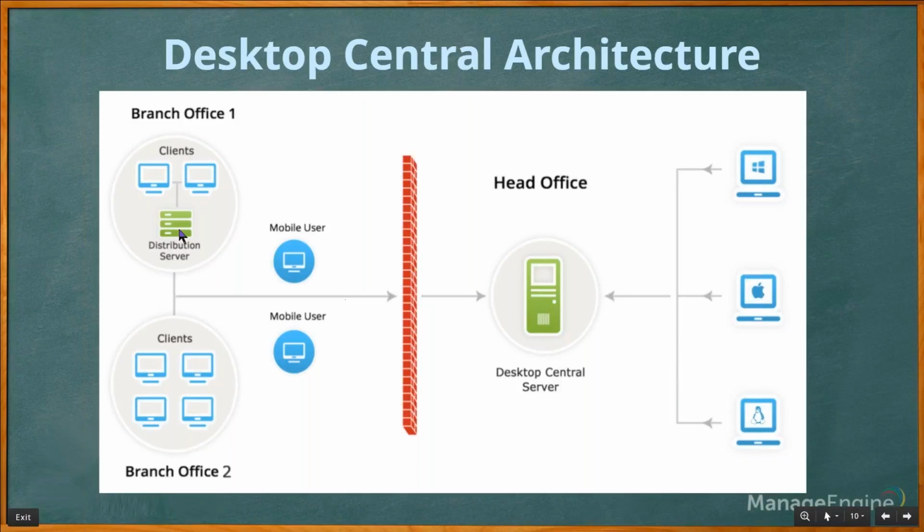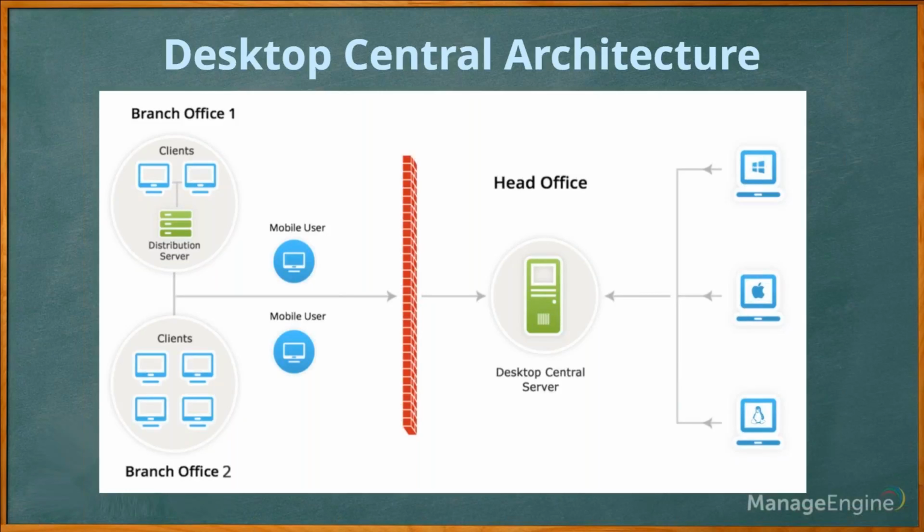Instead, only your distribution server will reach the Desktop Central server, download the required patches or packages, and store them. Whenever required, these patches or software packages will be distributed to the client machines in that remote office. This feature will help you manage bandwidth efficiently, so that's an added advantage.